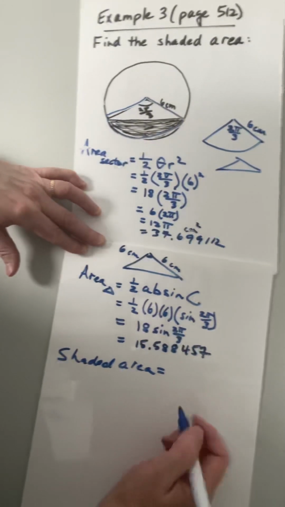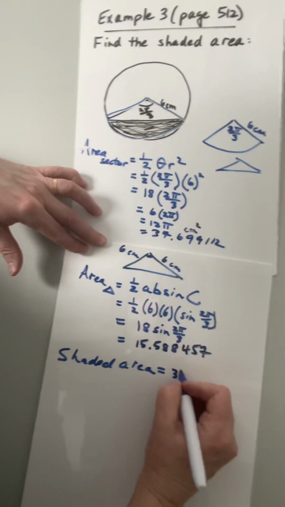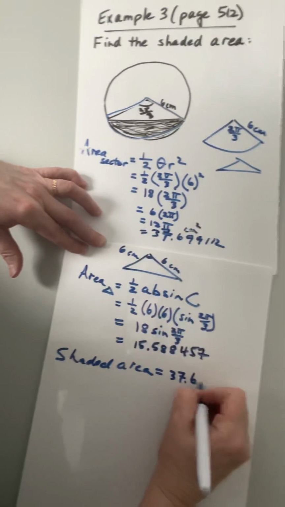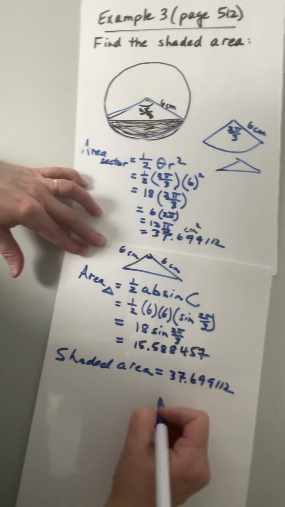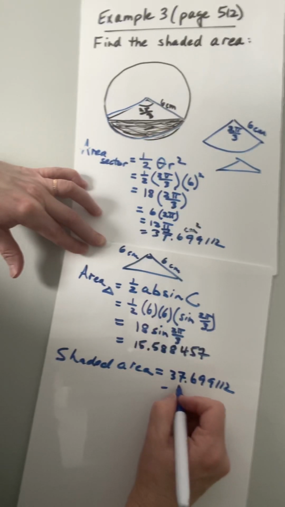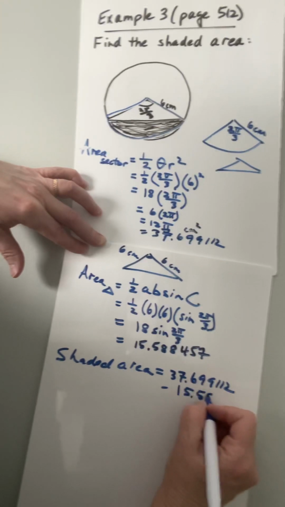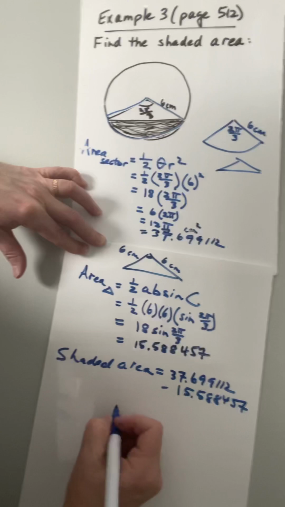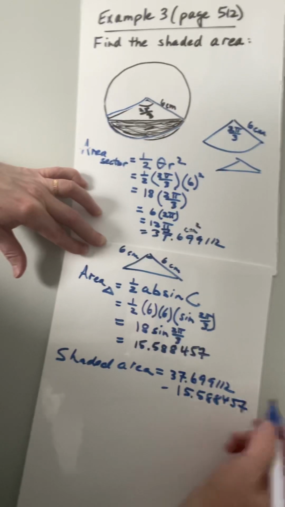We're going to take that 37.699112 and subtract the 15.588457. I'm only putting mine down like this because I didn't have room to put it over here.